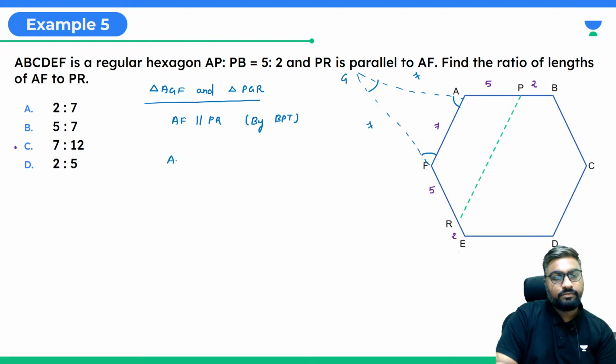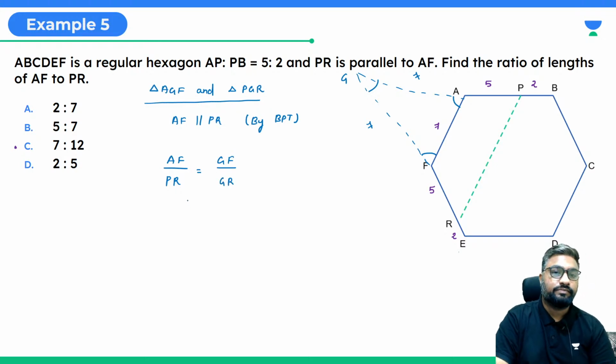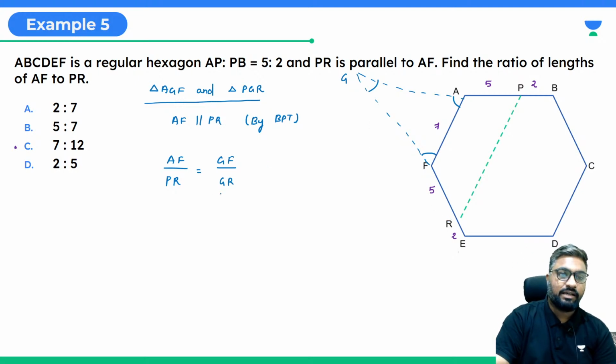So the ratio of AF to PR will be equal to the same as the ratio of GF to GR, correct? Do you agree? Oh, sorry, these won't be 7, these will be 5. It goes only till FR, so this will be 7.